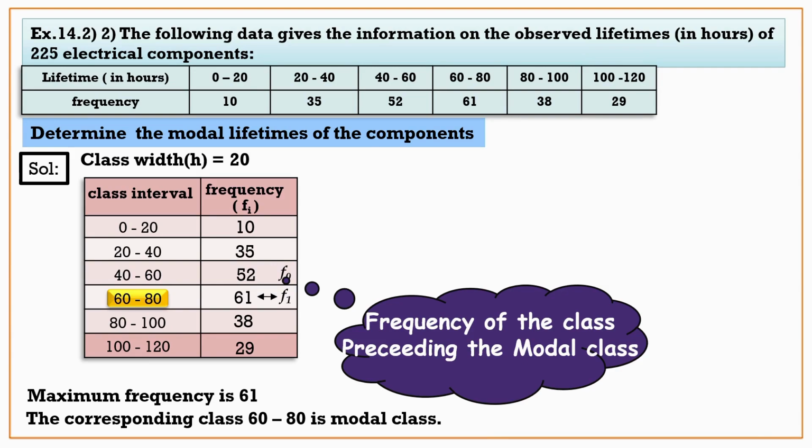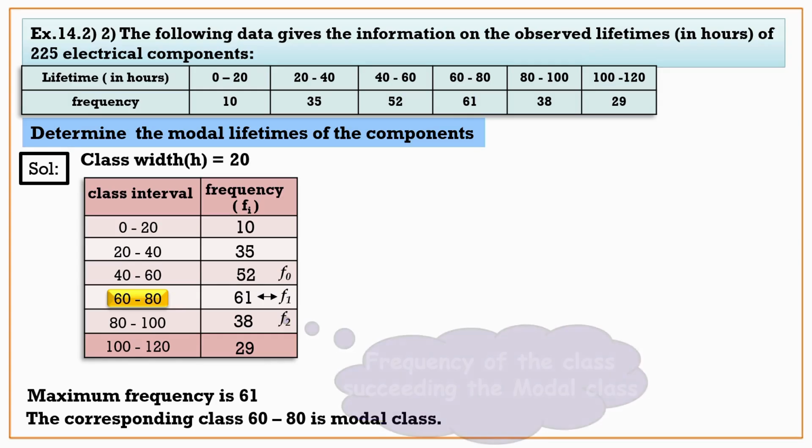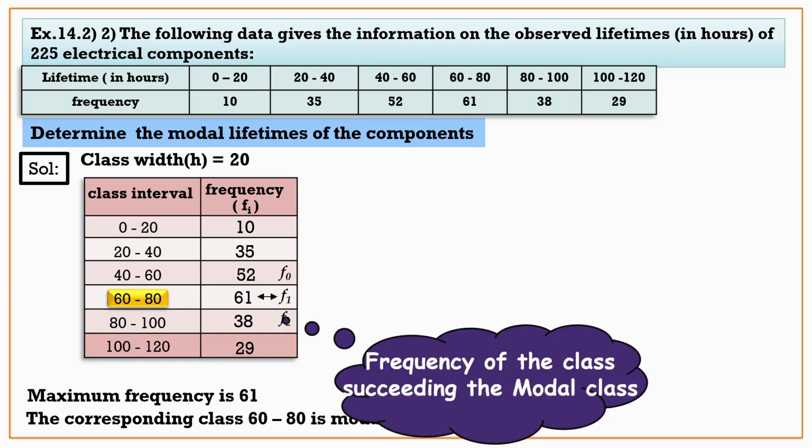Whatever is the maximum frequency, just before that frequency will be considered as F0, and F2 will be just the succeeding one. So F0, F1, F2. F1 is the maximum frequency over here.